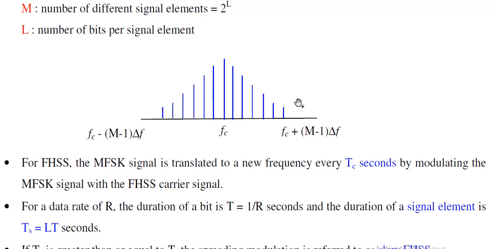So these are the frequencies needed to encode L bits with M equal to 2 to the power L frequencies. So this technique is called frequency shift keying.